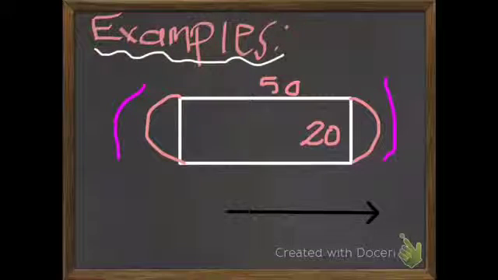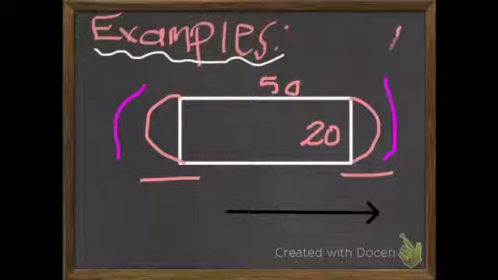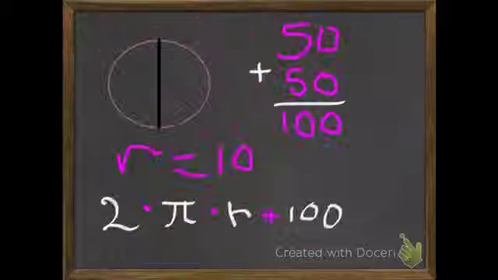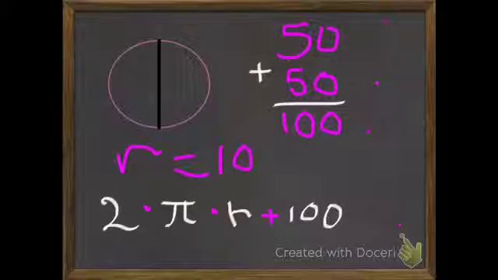Okay, here's another example. Like the last problem, you have to reattach these two semicircles and then put them together. So the new radius will be 10 because the semicircles together were 20. And then you add 50 plus 50 and you get 100.